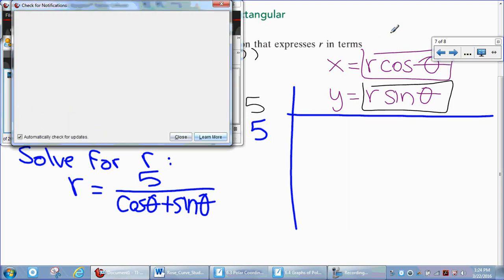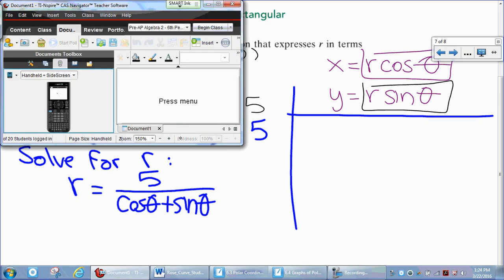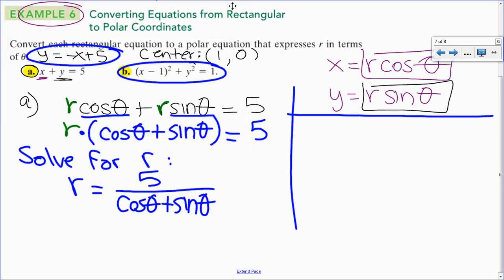Why do we use cosine and sine instead of cosecant? I mean, you could also do that. In fact, there's going to be one where we see cosecant.